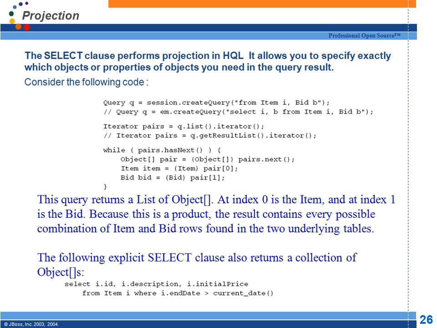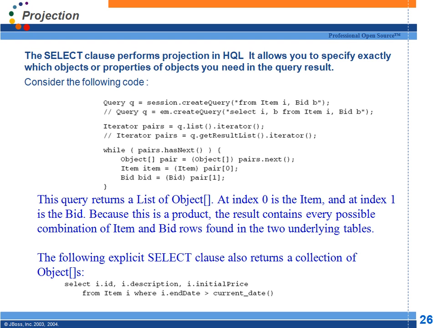See, I am iterating, I got the iterator, query dot list dot iterator. When I am iterating, I am getting an object array. First element of this array is item, second element is B. Item I, bid B, comma something else, but you will be getting an object array accordingly.